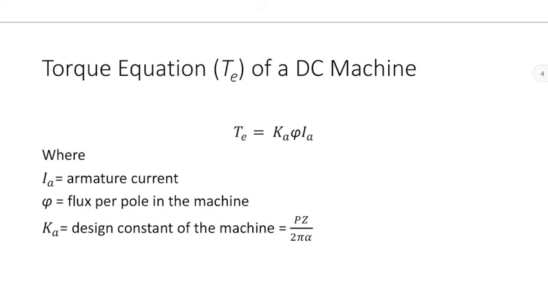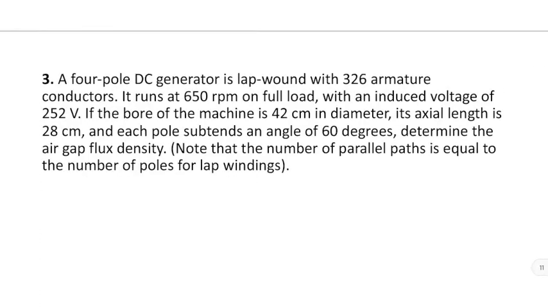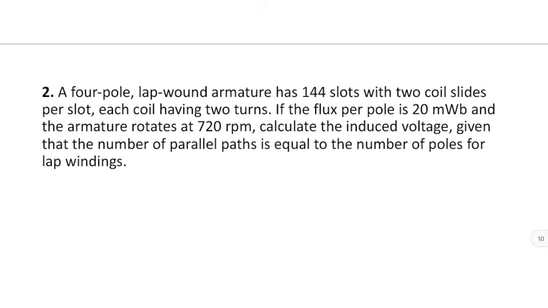Then let's move to number 2. A 4-pole lap wound armature, so the same as number 1. This time, it has 144 slots with 2 coil sides per slot, each coil having 2 turns. If the flux per pole is 20 milliwebers and the armature rotates at 720 revolutions per minute, calculate the induced voltage, given that the number of parallel paths is equal to the number of poles for lap windings.